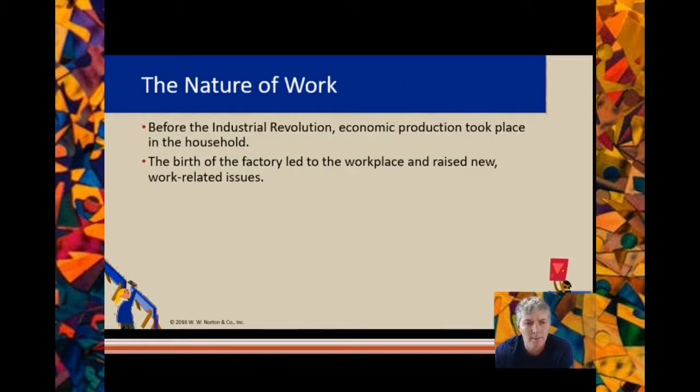So, what is the nature of work? Well, before the Industrial Revolution, economic production took place in the household.